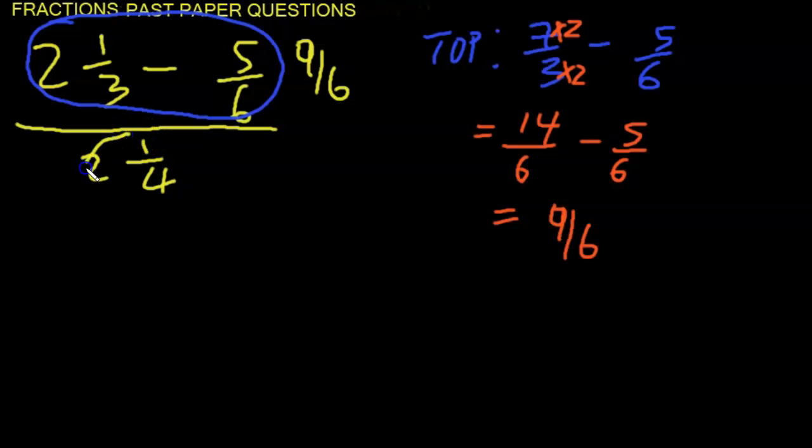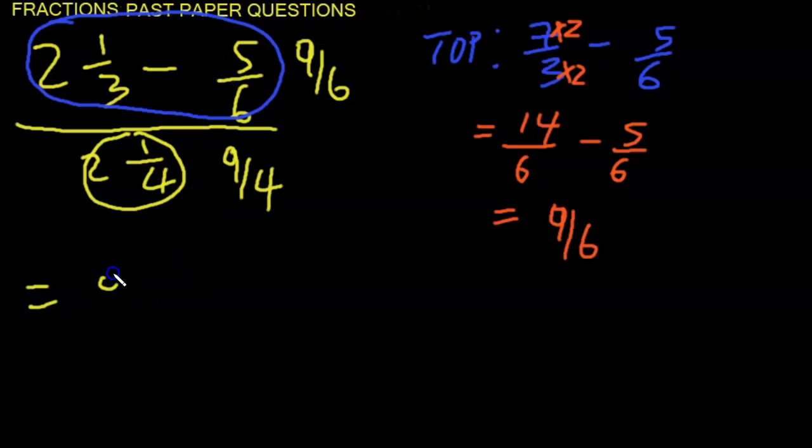Then the 2 1/4, we know is 4 times 2, 8, and 1, 9, so 9 over 4. So this problem now becomes 9 over 6, that's what everything above became, divided by 9 over 4.